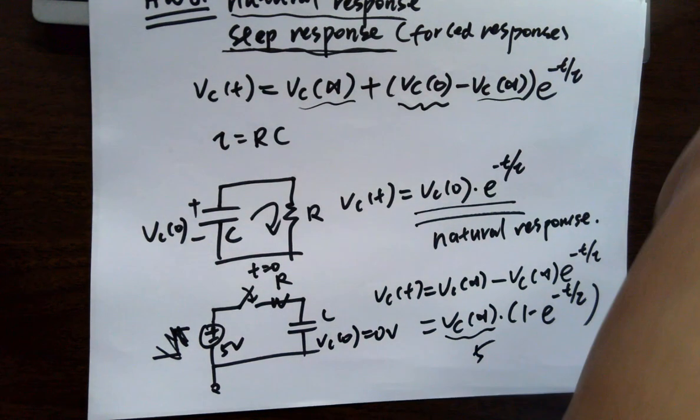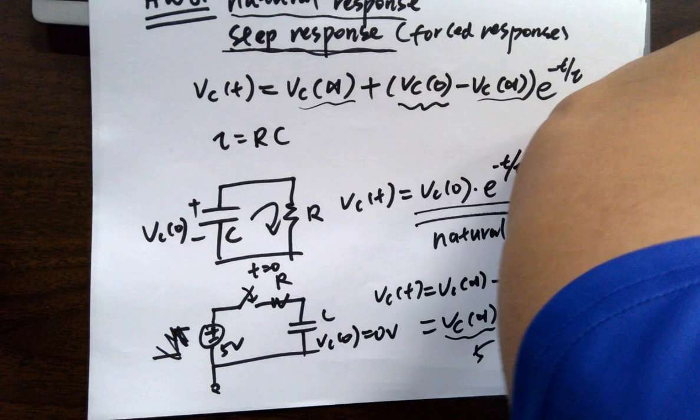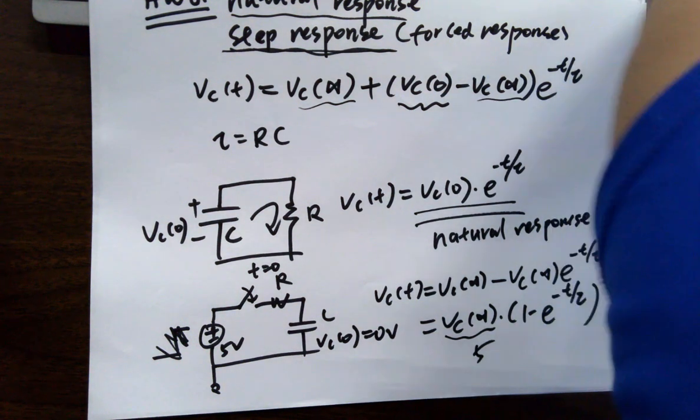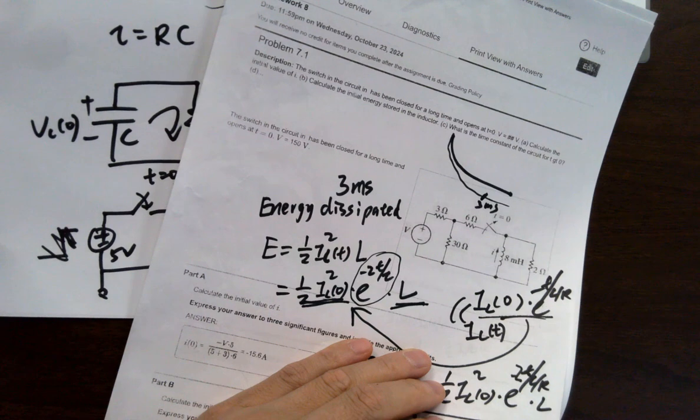So let me find a circuit so we can analyze that type of circuit by looking at the Thevenin equivalent, just in case you guys are not super familiar with that.